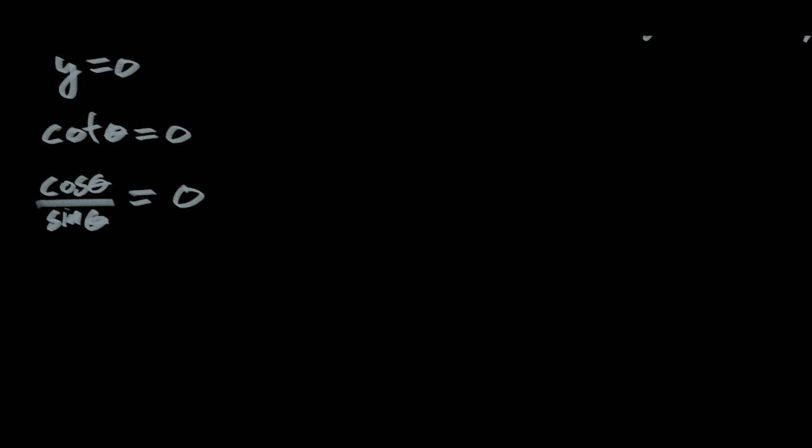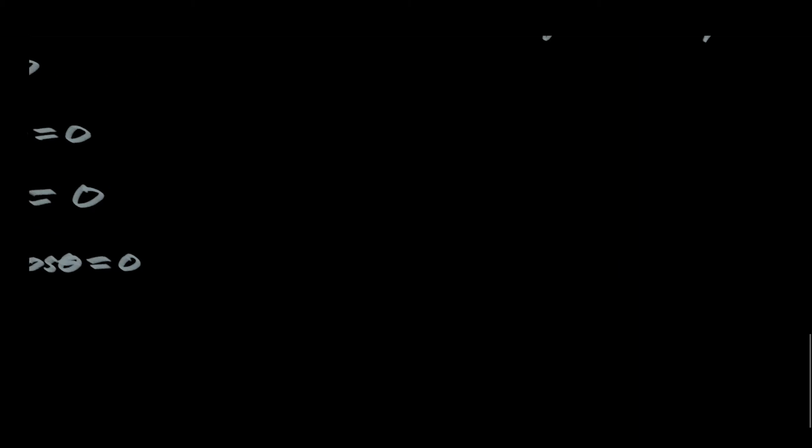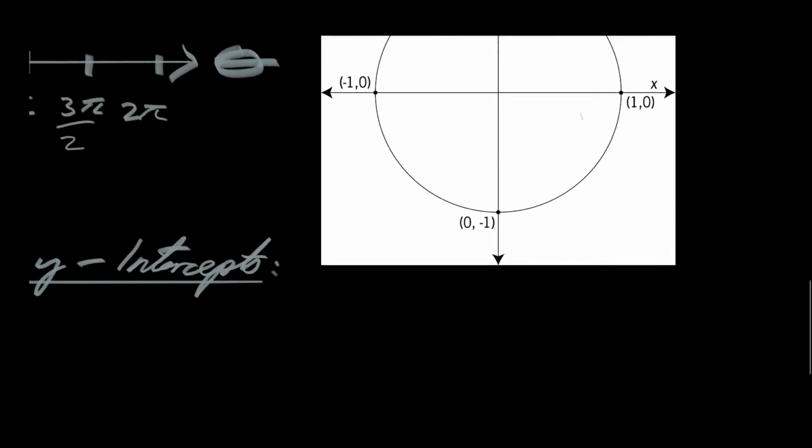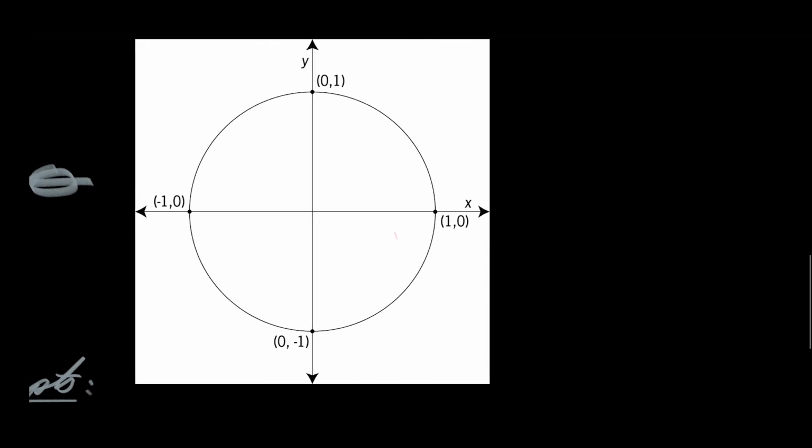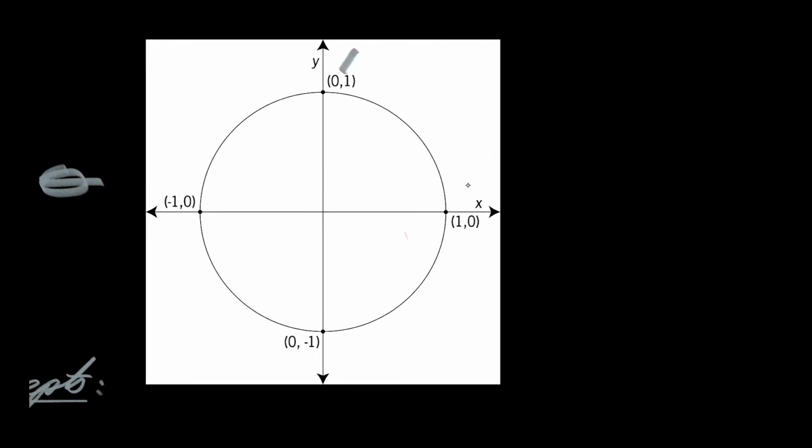So setting y equal to 0 just implies that the cosine of theta is equal to 0. In other words, whenever y is 0, the cosine of theta is 0. Okay? And a unit circle tells us that happens at any odd integer multiple of pi on 2.